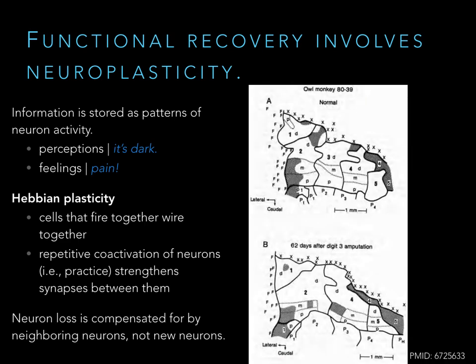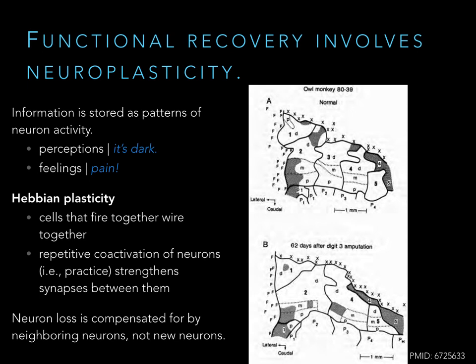Now, when we're thinking about neuroplasticity, it's not about forming new neurons, it's about modifying connections. I just want to make that point clear. In this panel, what we're looking at is the cortical mapping for digits 1, 2, 3, 4, and 5 in the owl monkey, before and after amputating digit 3.